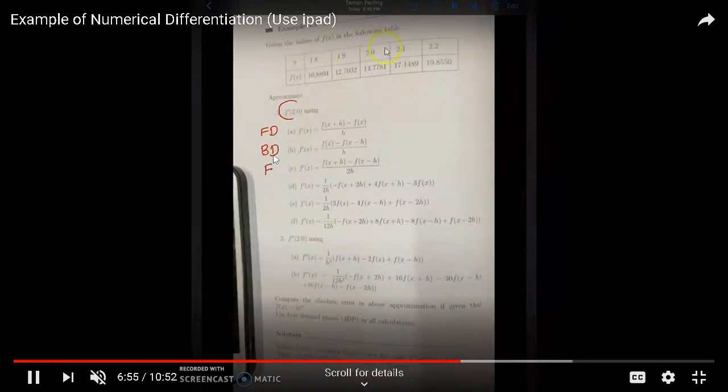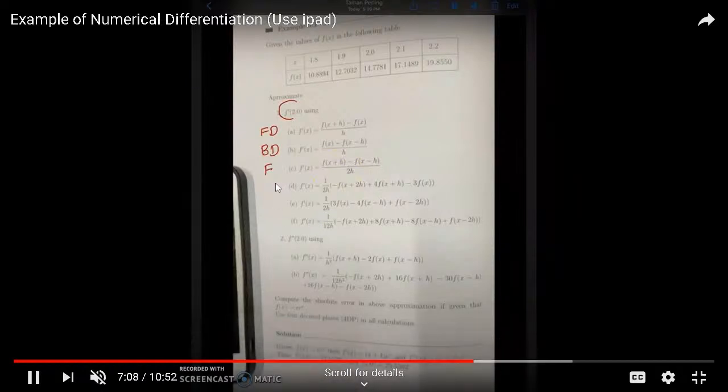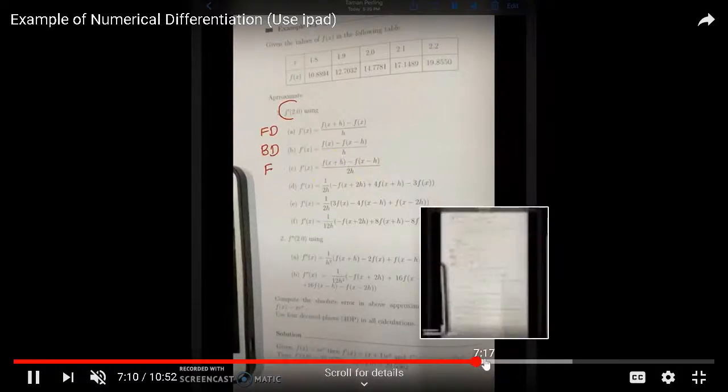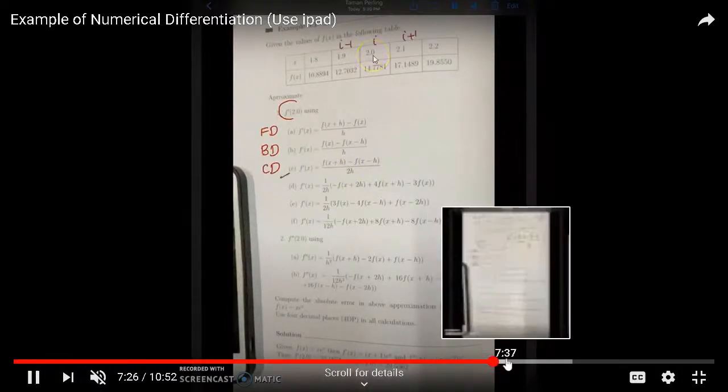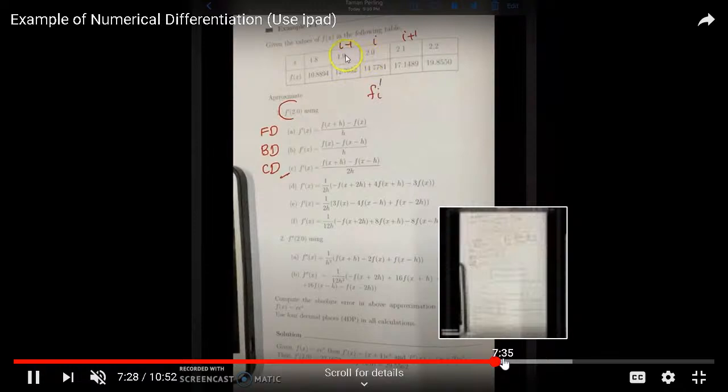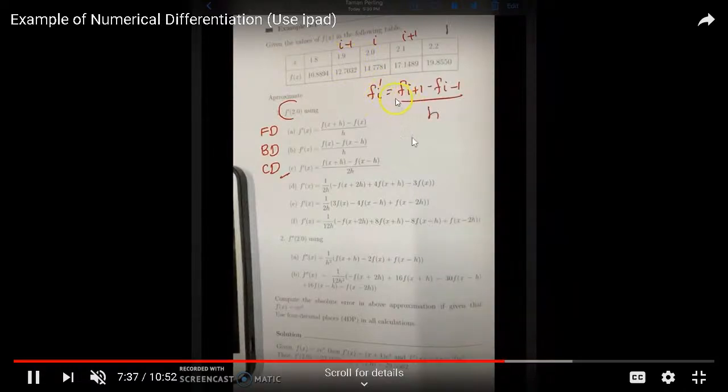So for the backward difference formula, you have x i, where i is 2.0, and i minus 1, backward, is 1.9. We want to insert this value. We know f prime of x is f i minus f i minus 1 divided by h.